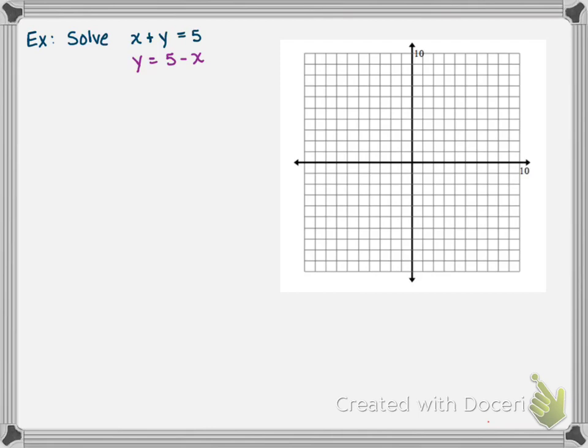So to graph that first one, again, if I put 0 in for x, I get y equals 5. 1, 2, 3, 4, 5. If I put 0 in for y, I get x equals 5. So my first equation, the line is right there.